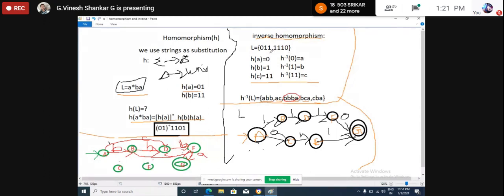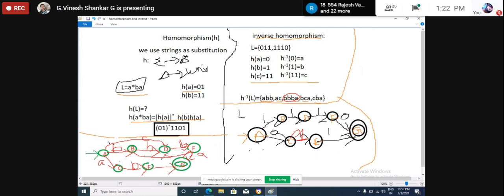Now coming to 0 1 1. Check here. 0 means from A to C you are having 0, and that 0 represents the inverse of A, so it represents A. Then B, because 1 gives B, and once again 1 gives B only.